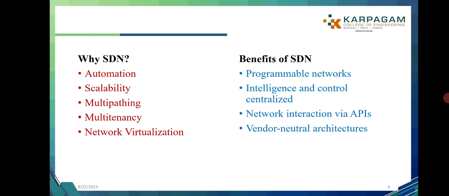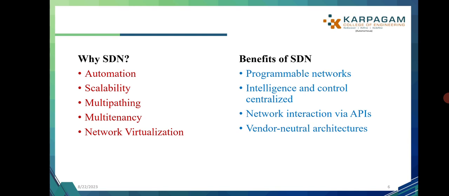Then multipathing: from a source to a destination, the data will be split and transmitted across many paths, through multiple networks, so that it can reach the destination. This is automated, and then it is rearranged at the destination, right?